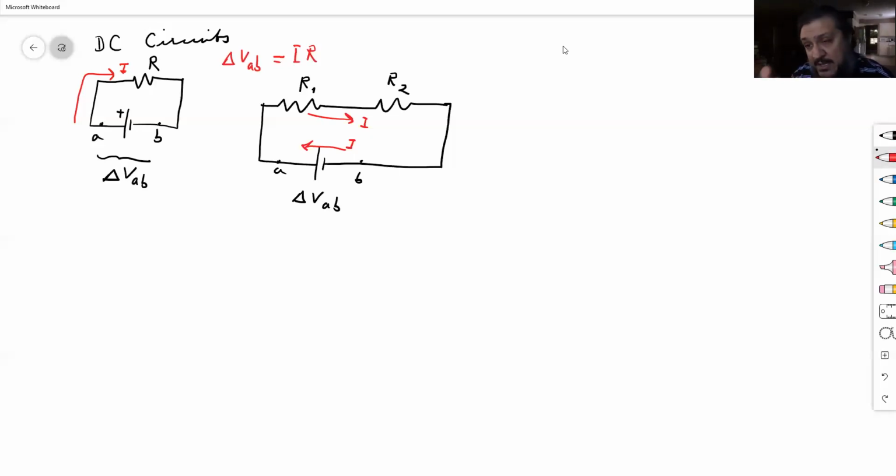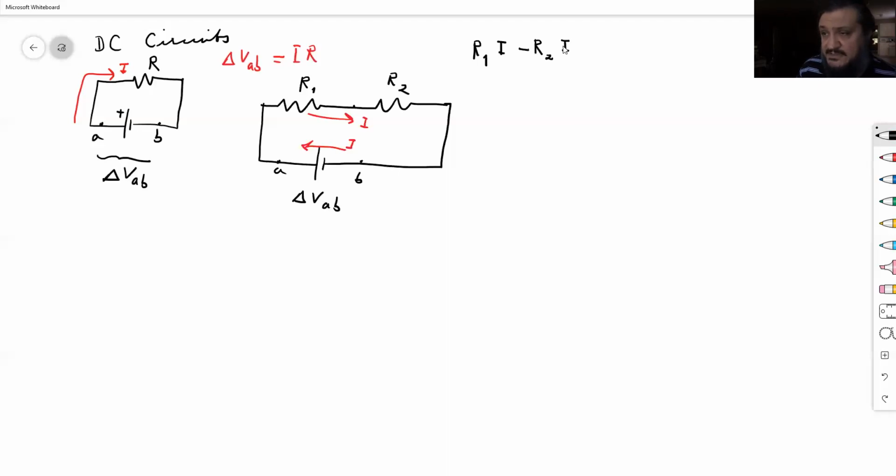Let's say you start at point A and travel along the current. You first have R1, and the potential drops when you go through R1, by an amount exactly equal to R1 times I. Now you're going from the left-hand side to the right-hand side of the resistor. The potential drops again by this amount, R2 times I. Now we're at point B, and you go through the battery, potential increases, right?